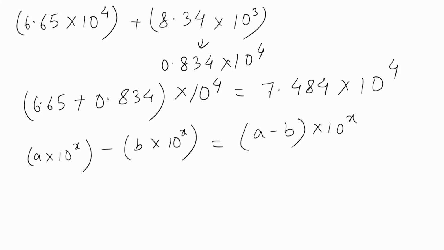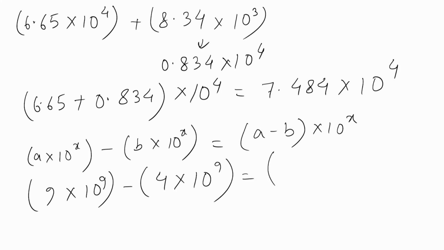So let's say we have 9 into 10 to the power 9 minus 4 into 10 to the power 9. So we will write 9 minus 4 into 10 to the power 9, which is 5 into 10 to the power 9.